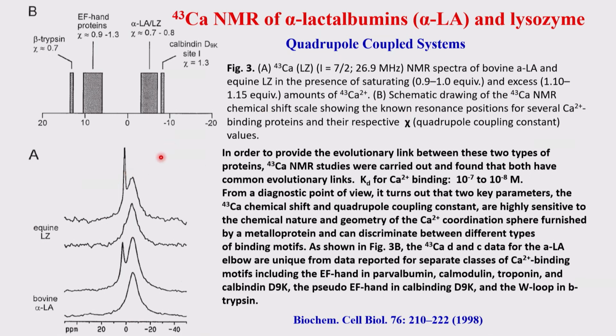This is measured for calcium-43 when you saturate to a level of 0.9 to 1 equivalent of calcium salt, or in the other case 1.1 to 1.15 equivalents of calcium. So one is coming over here, the other is coming over here. This is for the lactalbumin and this is for the lysozyme.